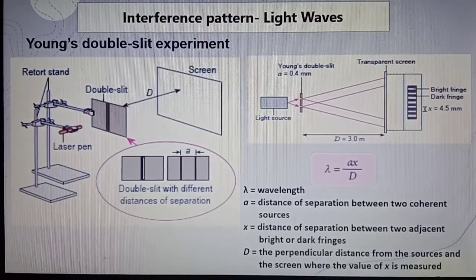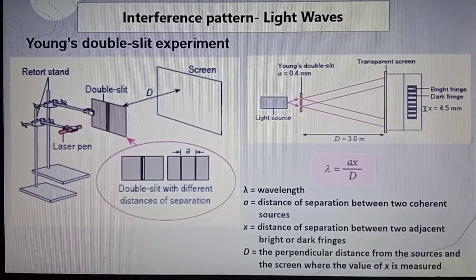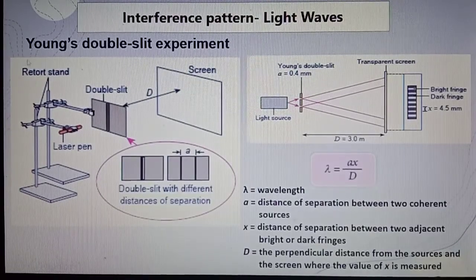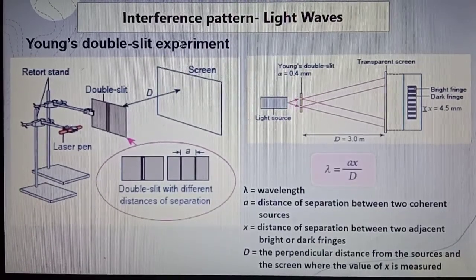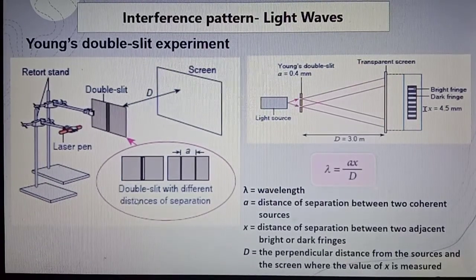So why do we use monochromatic light? So that we can see the pattern form clearly. Let's say we want to determine the wavelength of red light, or the wavelength of yellow light. We can use Young's double slit experiment. We can check what happens to the interference pattern if we use a double slit with different distances of separation.